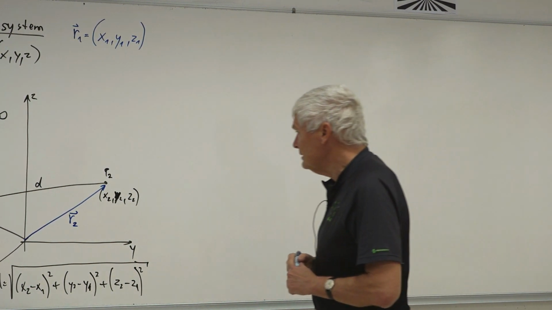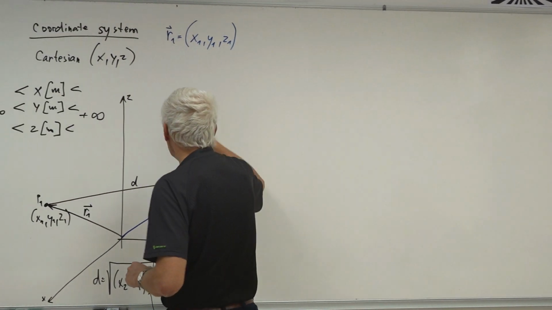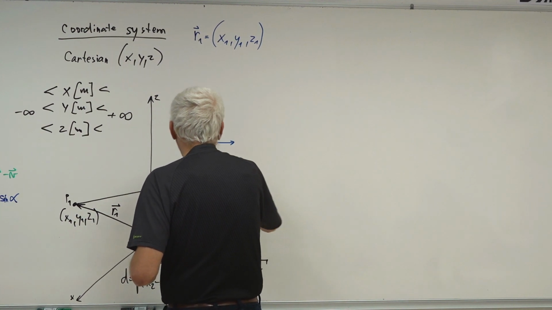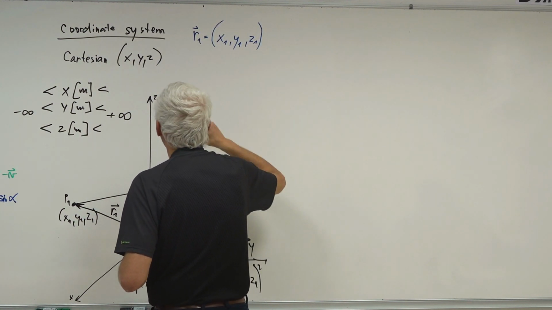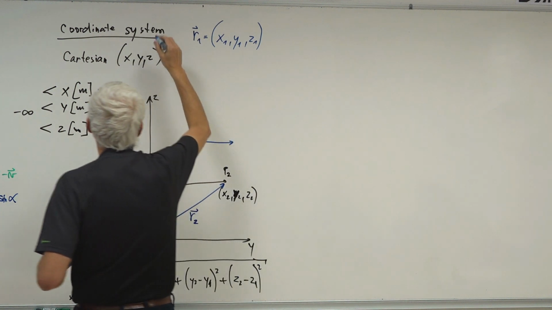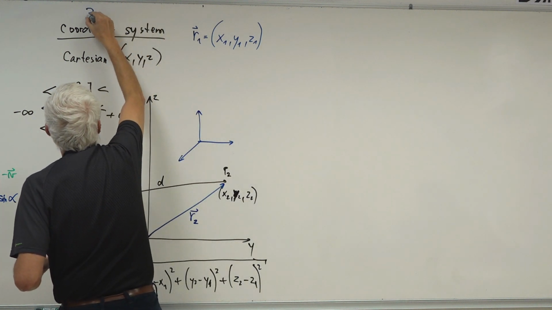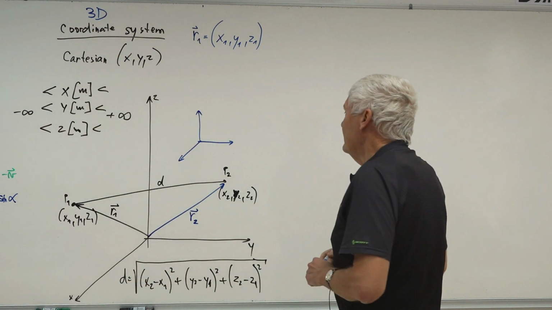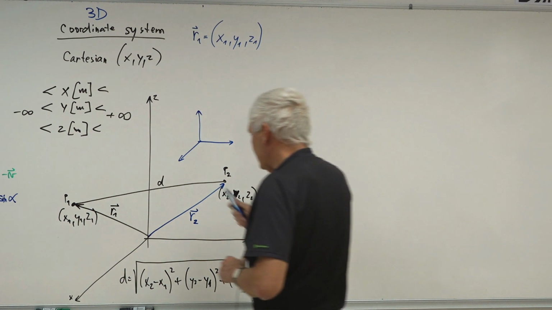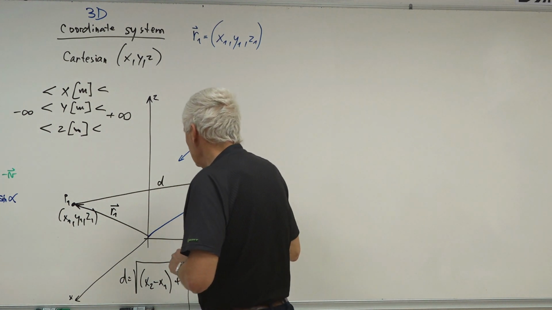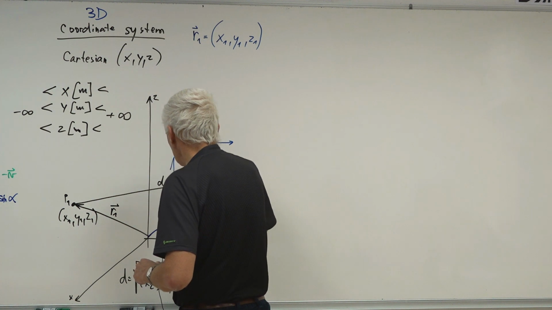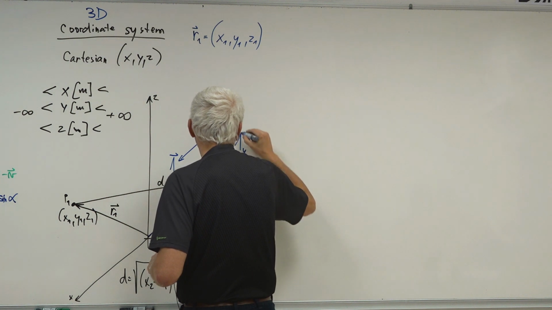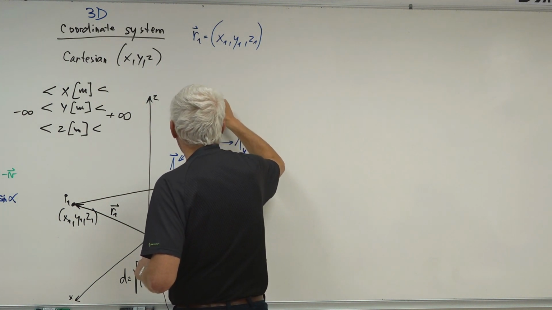In the Cartesian coordinate system, we can define the unit vectors or base vectors of this coordinate system. What we actually need is a 3-dimensional coordinate system. We have 3 unit vectors in the direction of the axes of the coordinate system. So this is unit vector or base vector 1x, 1y, 1z.